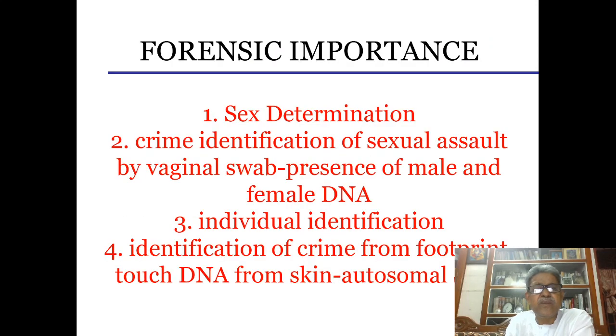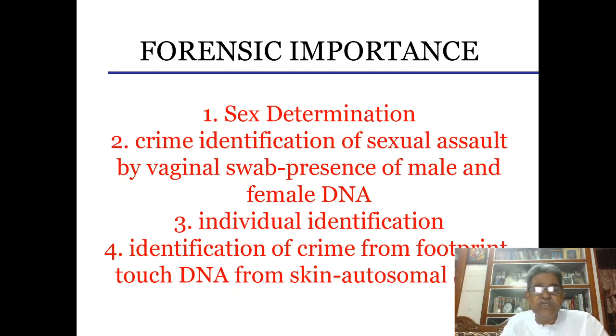Now, another importance of this study. Sex determination is the primary goal of this process. Besides that, it is also implicated in different fields, like crime detection of sexual assault by vaginal swab, presence of male and female DNA, individual identification, identification of crime from footprint, touch DNA from skin, autosomal Y-STR.